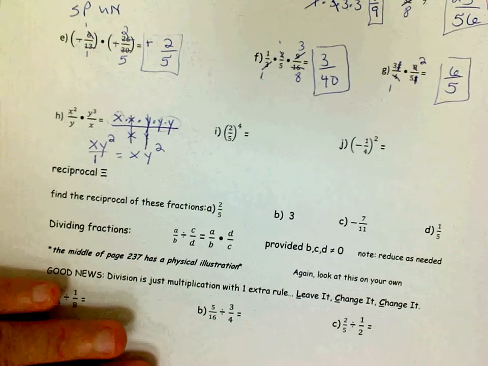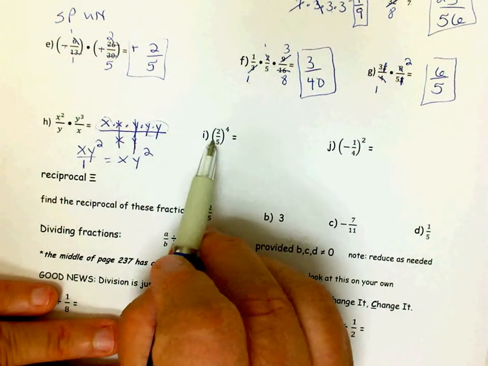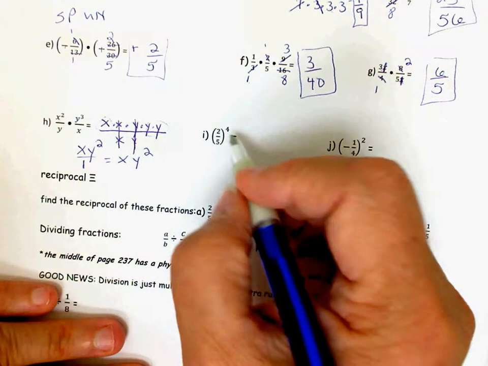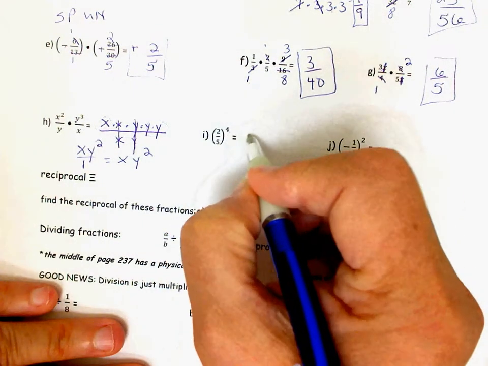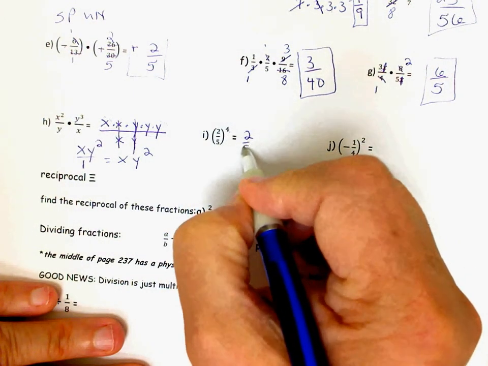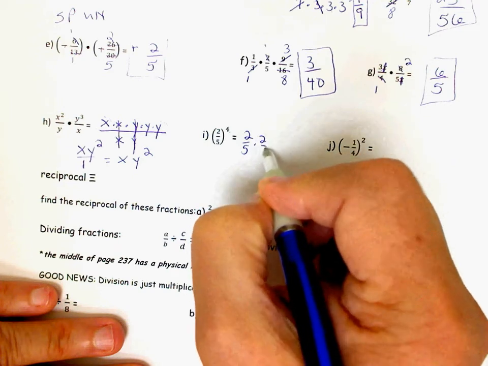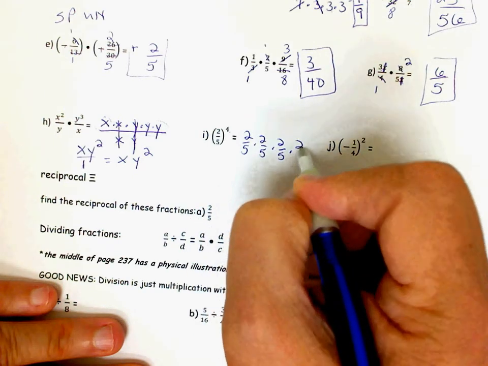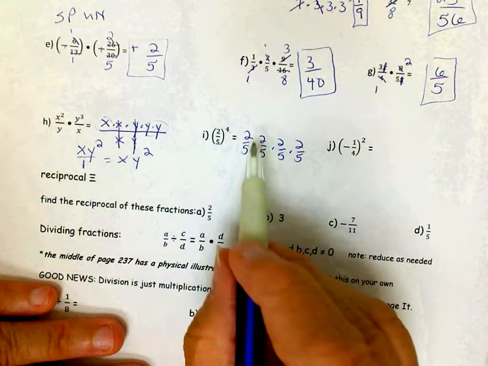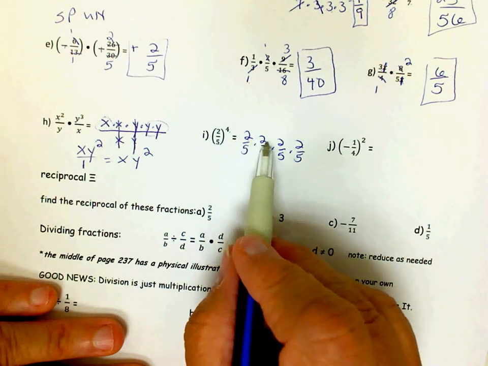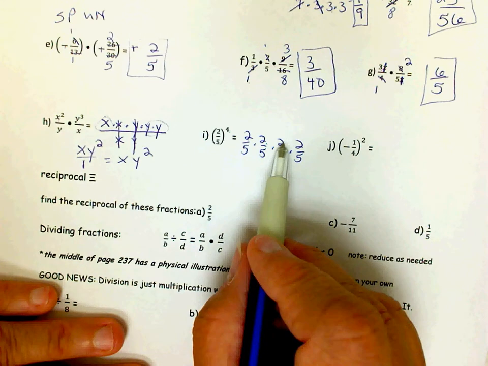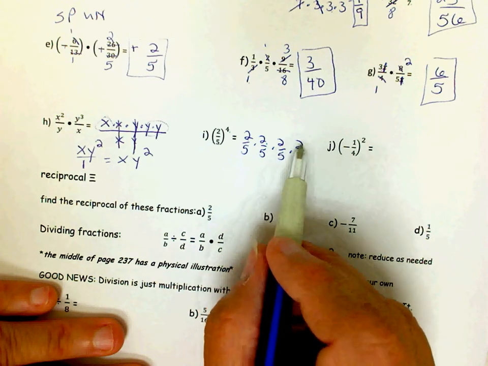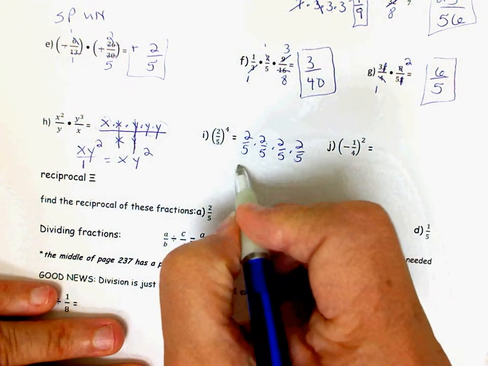And again, using like we did here, 2/5 to the 4th power is 2/5 times 2/5 times 2/5 times 2/5. And 2 times 2 is 4, times 2 again makes it 8, and times 2 again makes it 16.